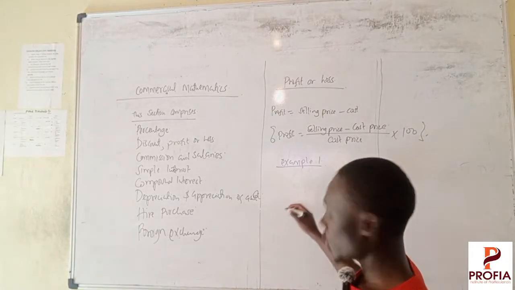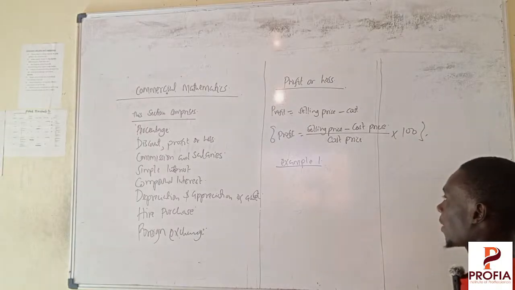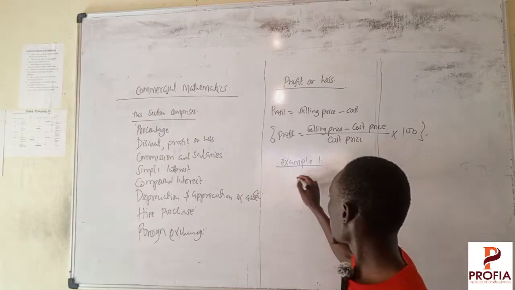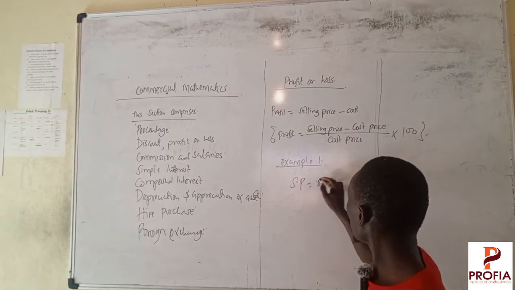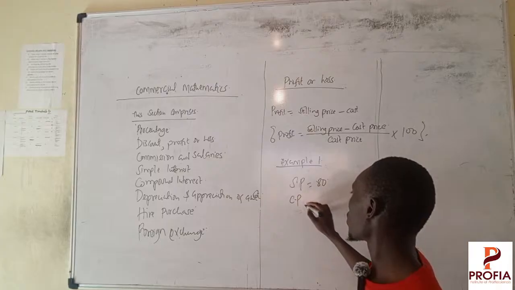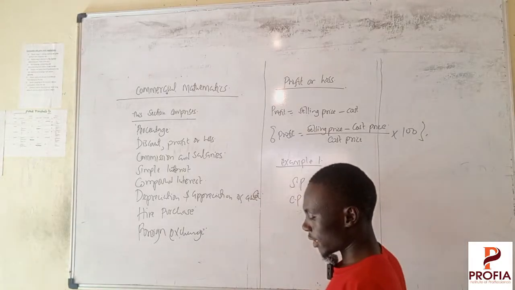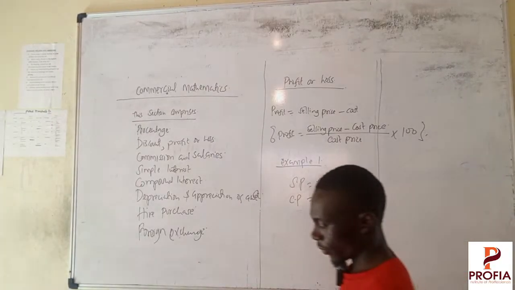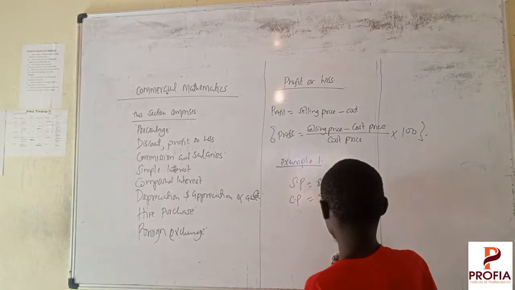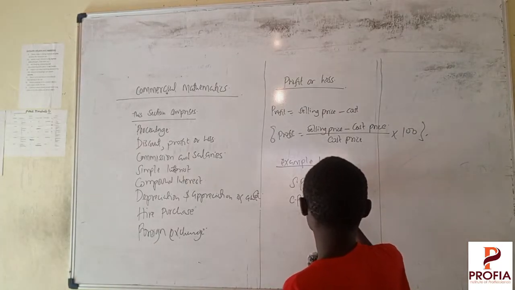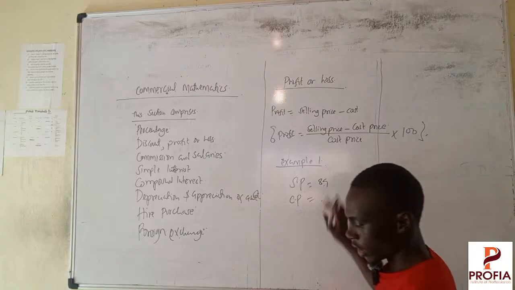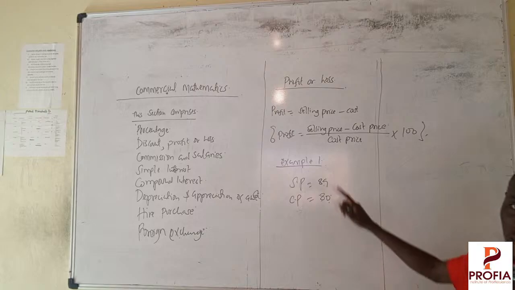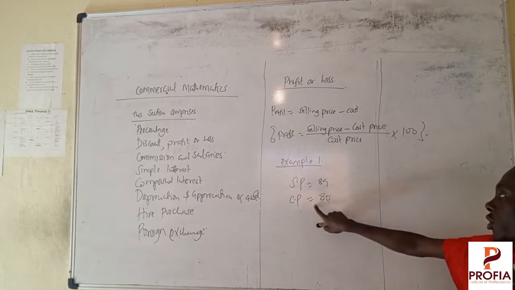When you look at this question, we have been given the selling price of 89 shillings and the cost price of 80 shillings, since he bought at 80 shillings.